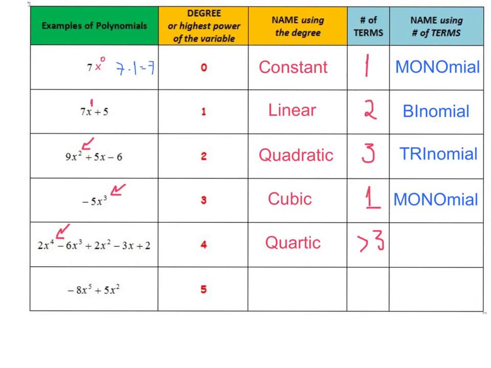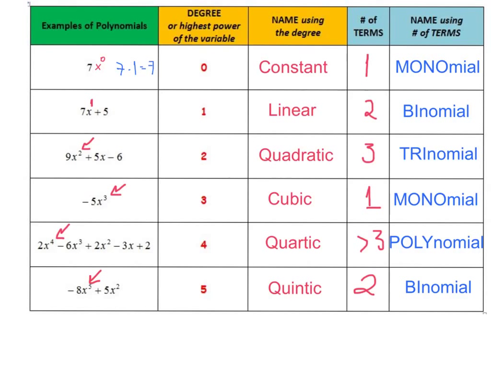And because this one has more than 3 terms, it's called a polynomial. Poly is the prefix that means many, right? The last example, if you notice, has 2 terms, and the highest power is 5. That's why the degree is 5. So the name we will give this one is a quintic binomial.